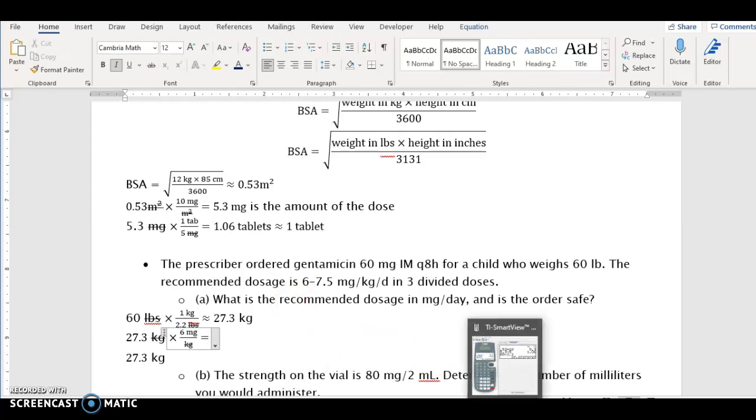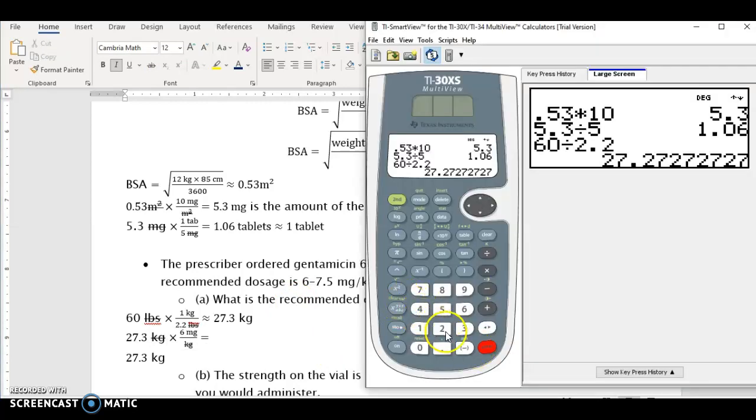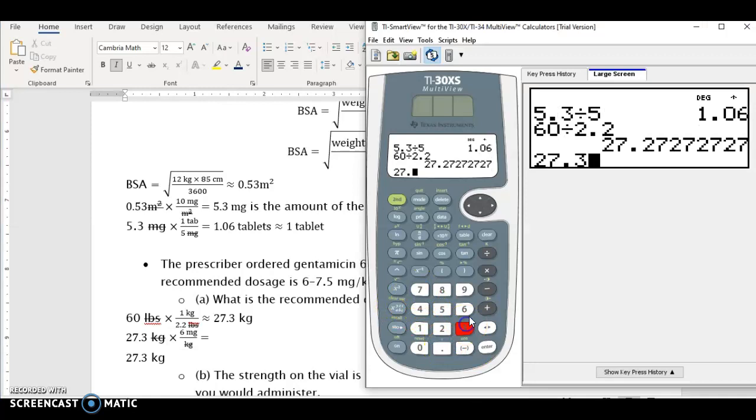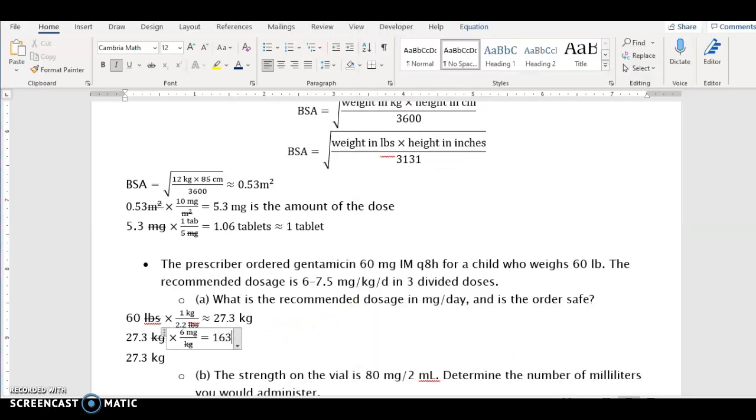So 27.3 times 6. It is 163.8. So 163.8 milligrams is the minimum daily dose.